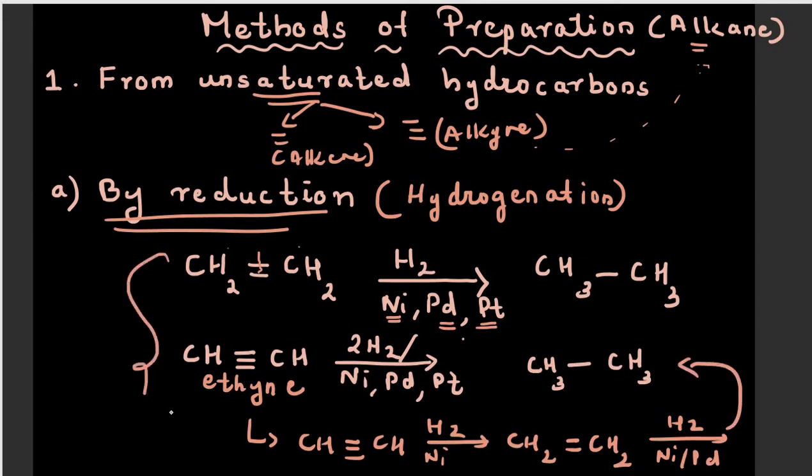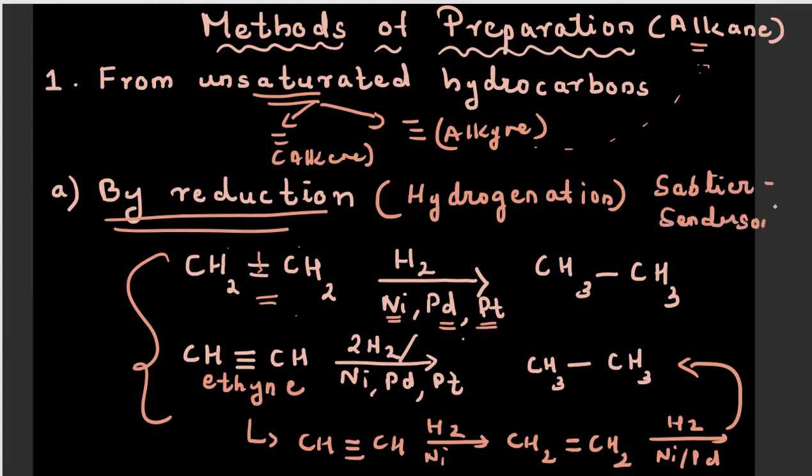Now this reduction reaction, why are we calling it a reduction? Because an alkene or an alkyne, or we can say an unsaturated hydrocarbon, is being reduced to a saturated hydrocarbon. It is getting reduced. Now this reduction reaction, in which an alkene or an alkyne in the presence of a catalyst is getting converted to alkane, is a name reaction, and it is also known by the name Sabatier-Sanderson's reaction.